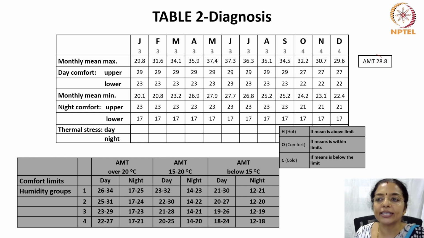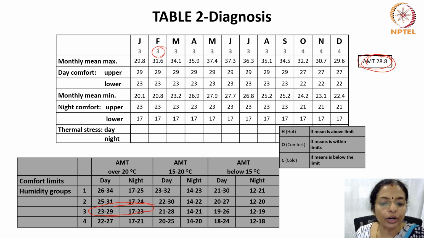So you can see for February what happens. February is again a combination of 28.8 and 3, and therefore this would be the AMT which you have to fill in, day comfort and night comfort. But when it comes to October, November, December, the AMT is 28.8 and the humidity group is 4. I'll change the color so that you will be able to understand.